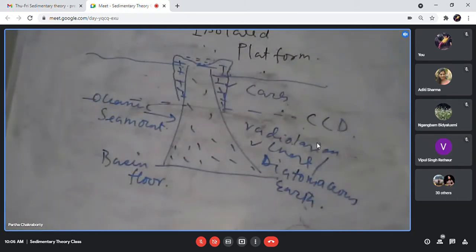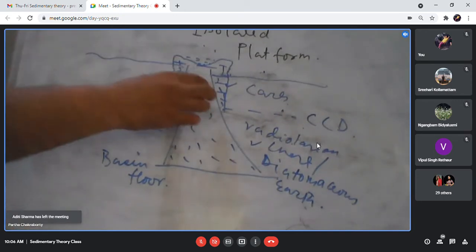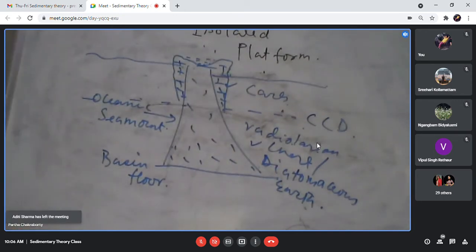That is radiolarian chert or diatomaceous earth. That is diatom bearing mudstone. Either you will get diatom bearing mudstone or you get the chert which contains the radiolaria, that is the siliceous chert. Now, what will happen in the upper part where the carbonate is growing?